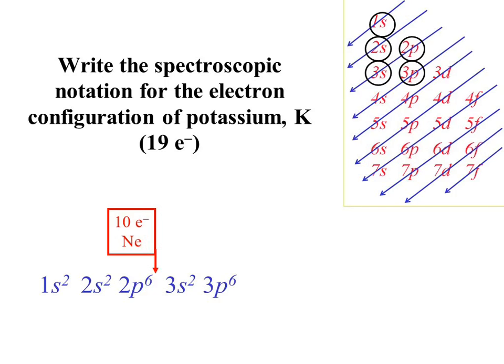This actually is a very good example. A lot of times students will just want to go to the 3d subshell next, but you don't do that. Notice where we need to go next is continue on that diagonal: 4s.